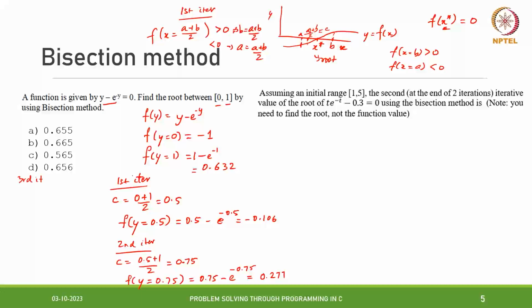So in the third iteration we will keep 0.5, that is the negative side, and we will consider this 0.75 as the positive one. Now if you calculate this, how much should this be? Point 625, right?